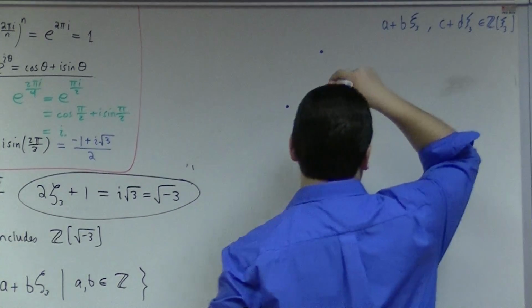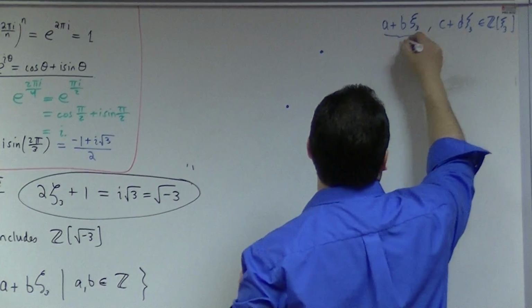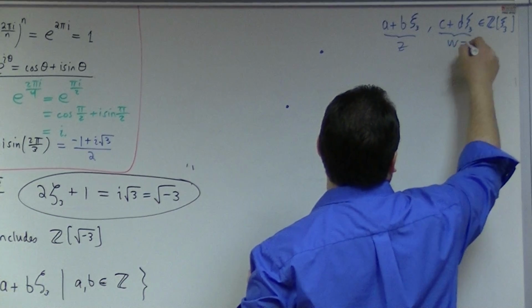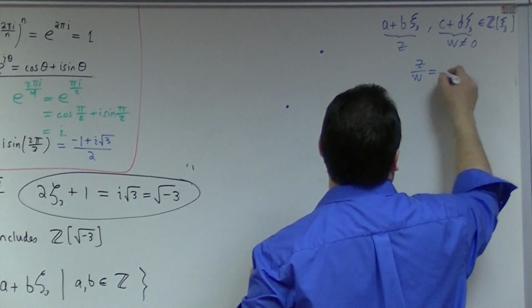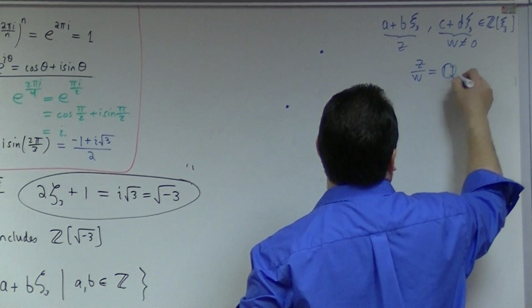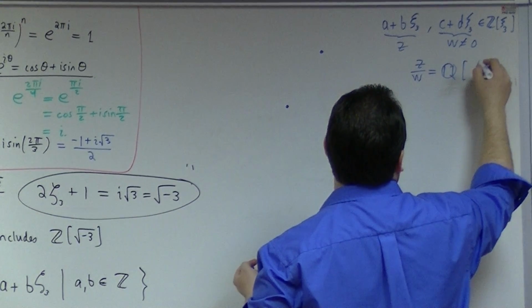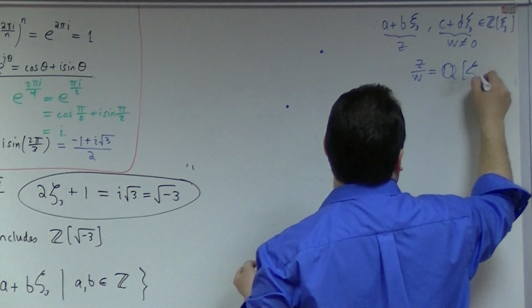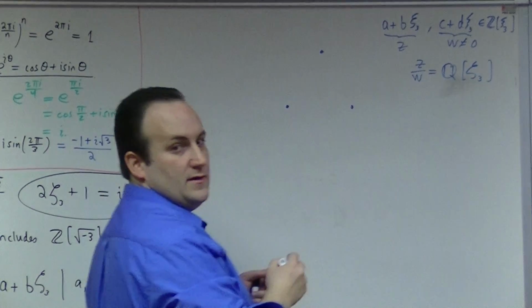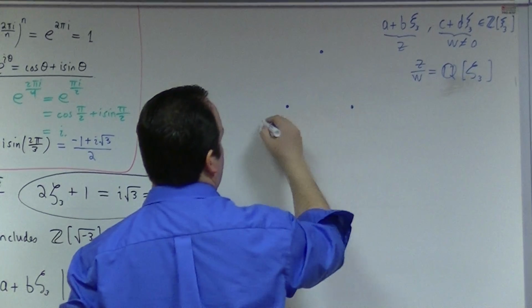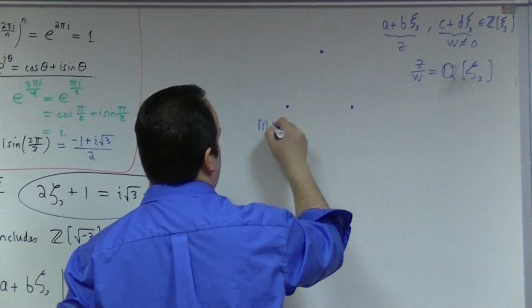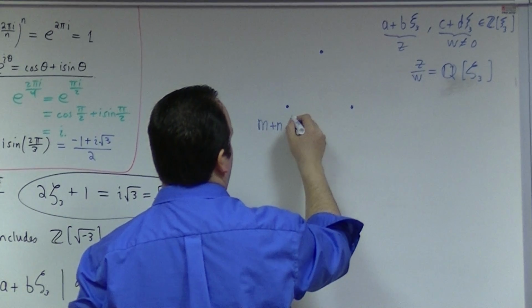Let this be Z and this be W, which is not equal to 0, and form their quotient, Z over W. That's going to give us something in the rationals adjoin the third root of unity. If you look at the fundamental triangle, it's something like M plus N times the third root of unity. What are the other points in this thing?